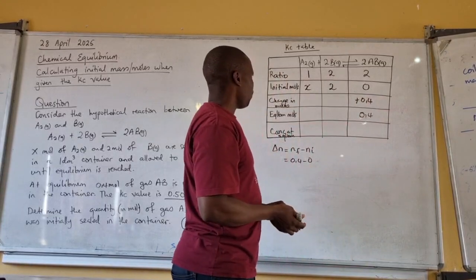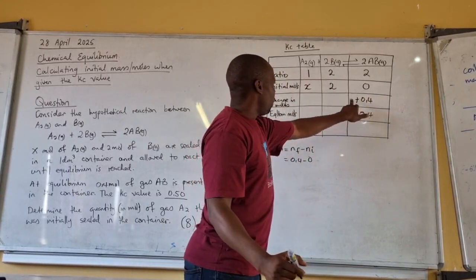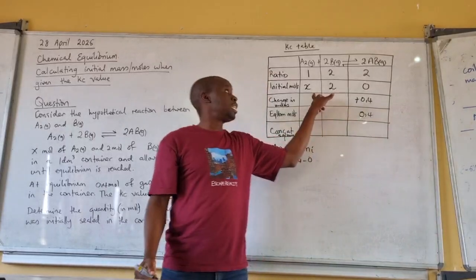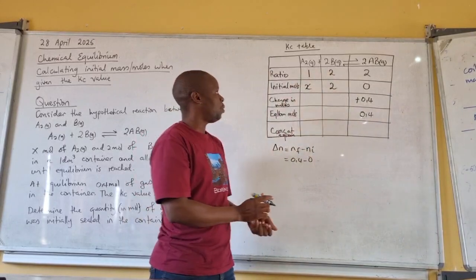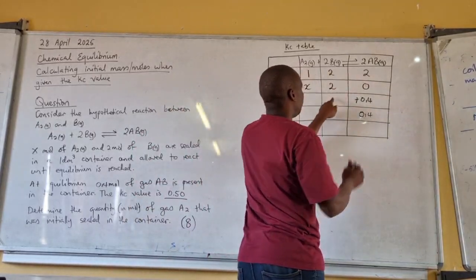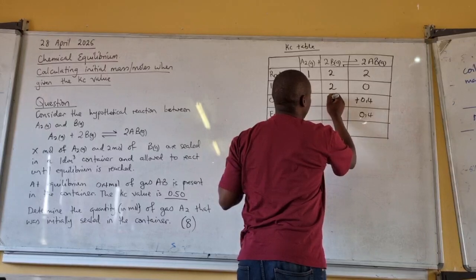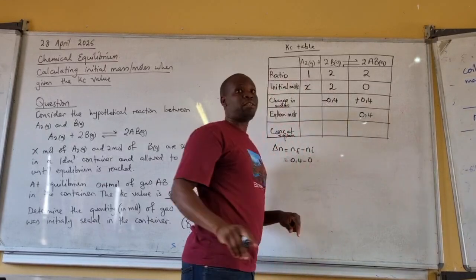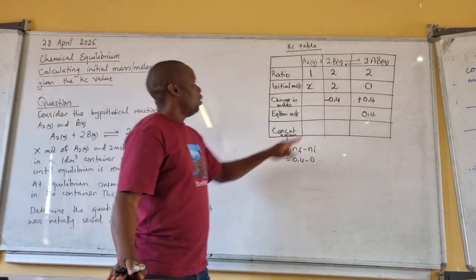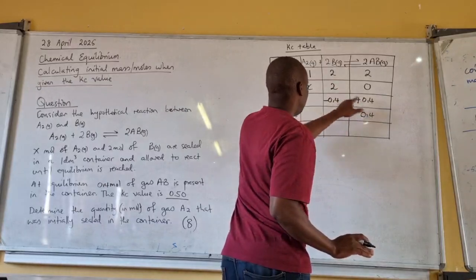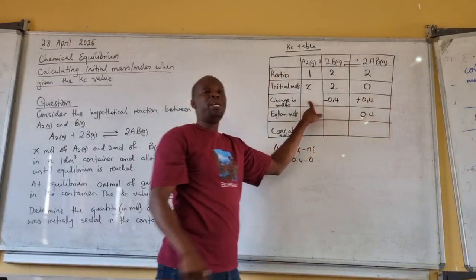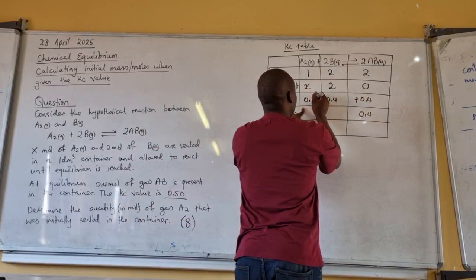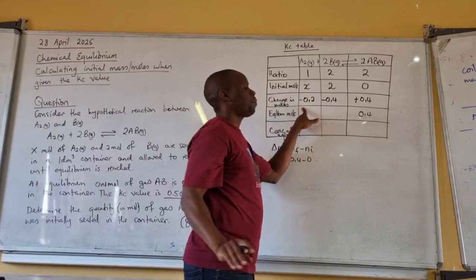From there, we can determine the changes of the other substances, making use of the ratio. 2:2, same ratio. The change here will be 0.4, but with a negative sign. 2:1. Whatever comes here has to be half of 0.4, that is 0.2 negative.